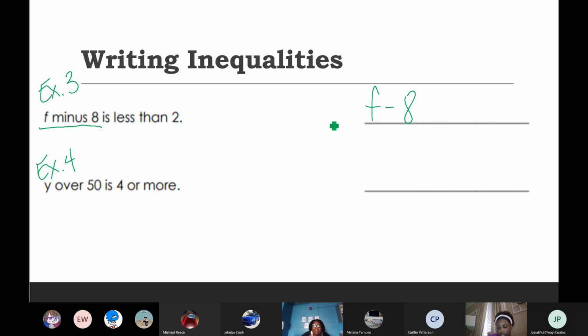F minus 8 is less than 2. I know I got a 2 in here. Does this say less than or equal to, or does it just say less than? So this is what that says. F minus 8, a number minus 8 is less than, will not be as big as 2.